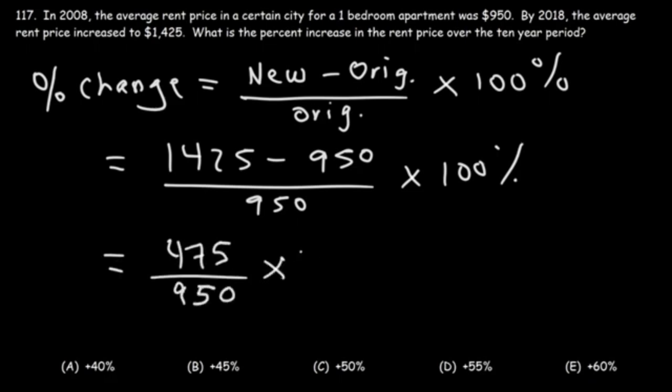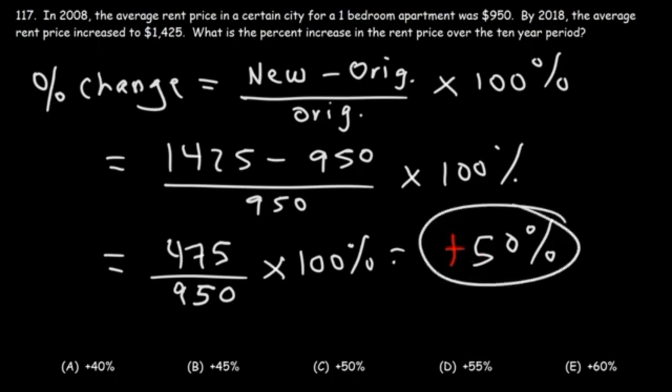Now let's divide $475 by $9.50. So that's 0.5, and then let's multiply that by 100%. So the rent increased by 50% over this 10-year period. Real estate tends to go up in value, but answer choice C is the correct answer.